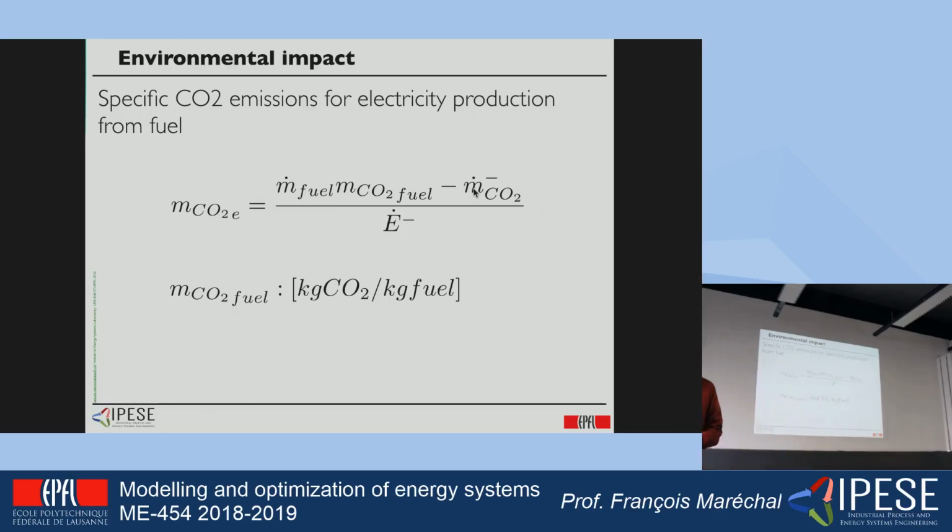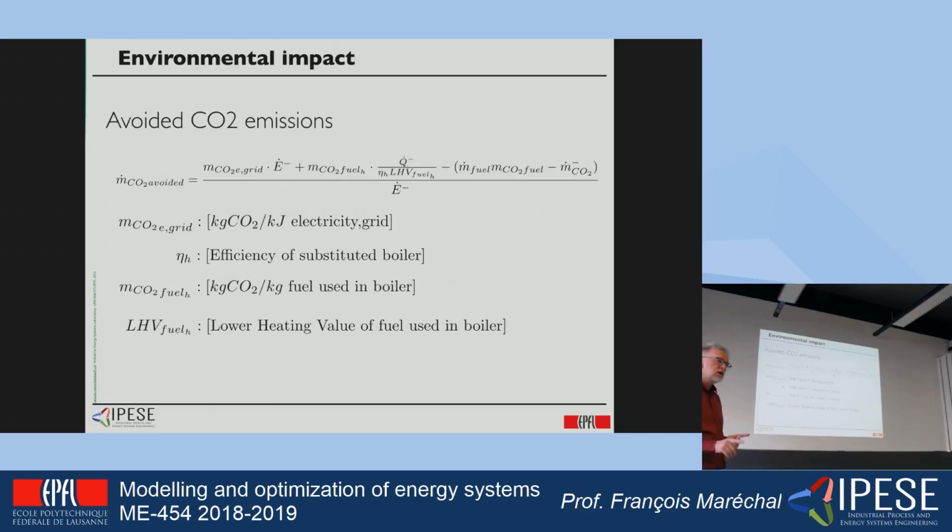Sometimes we can also try to compare two solutions. This would be the case, for example, when you are making a cogeneration unit. A cogeneration unit is going to produce electricity and heat.